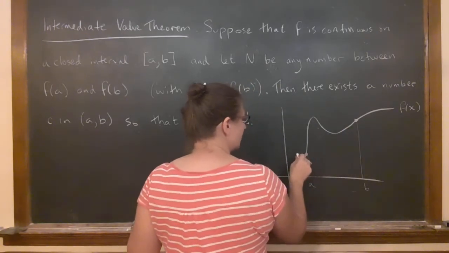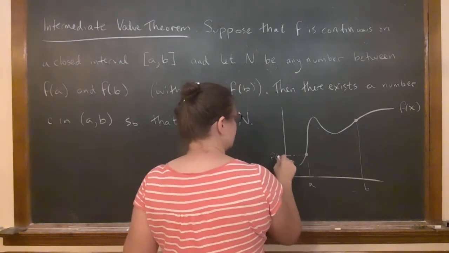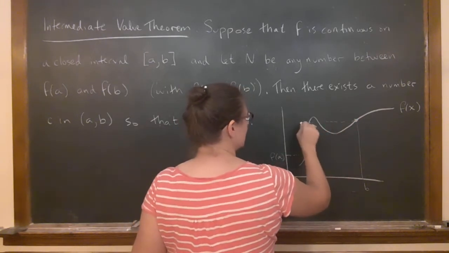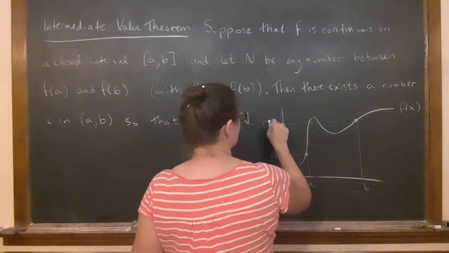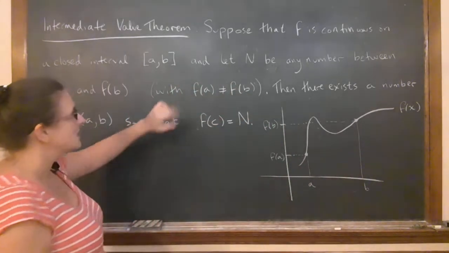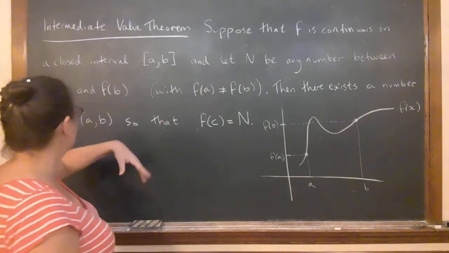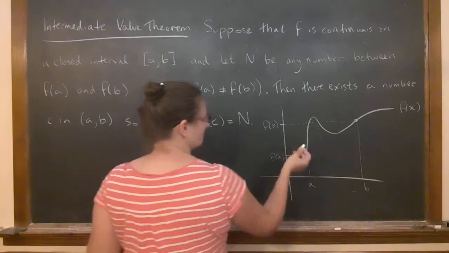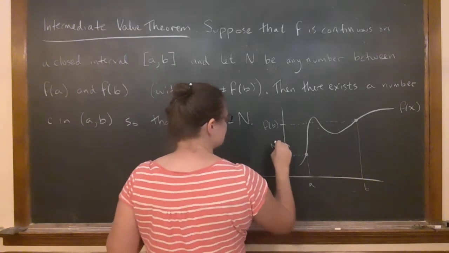Now, if you look at what's going on here, here's the y value, f of a, and here's the y value, f of b. So what this statement says is, let's take n to be any number between those two y values, between f of a and f of b. Right? So let's say n is here.